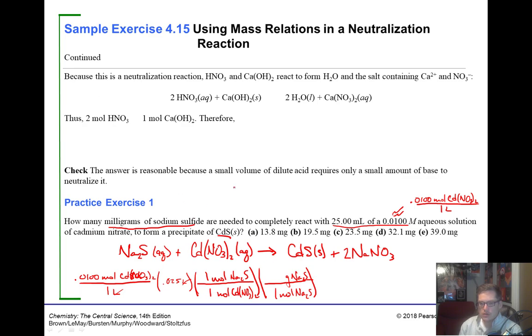All right, so we've got two sodiums and 1 sulfur. We're going to add those guys up, right? So sodium is 22.99, so 2 times 22.99, and sulfur is 32.07. So 2 times 22.99 plus 32.07, we get 78.05.